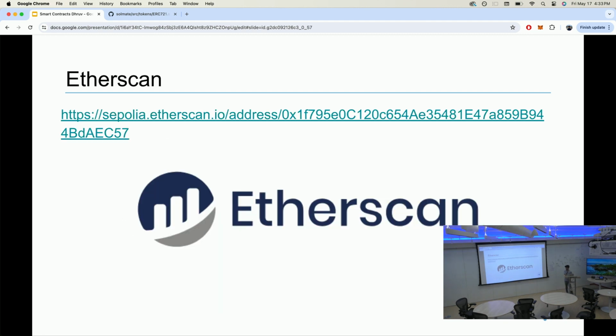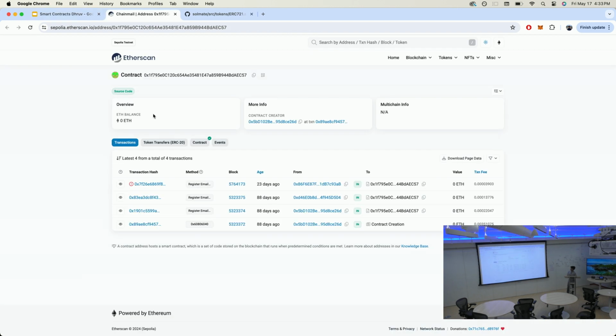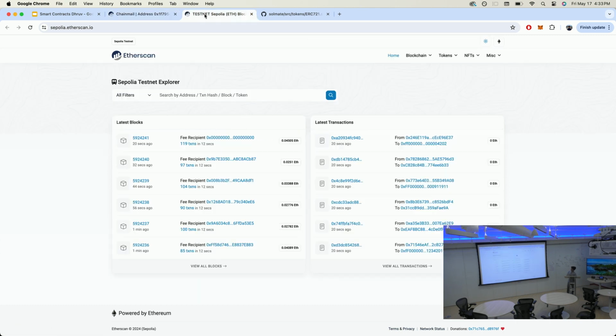And then there's this website Etherscan, which some of you guys may know about. This is Etherscan for the testnet. So for people deploying contracts and having transactions going on in the testnet, Etherscan tracks all of it. So you can look at anything here: latest transactions from this account to that account, the latest blocks, all of that kind of stuff.